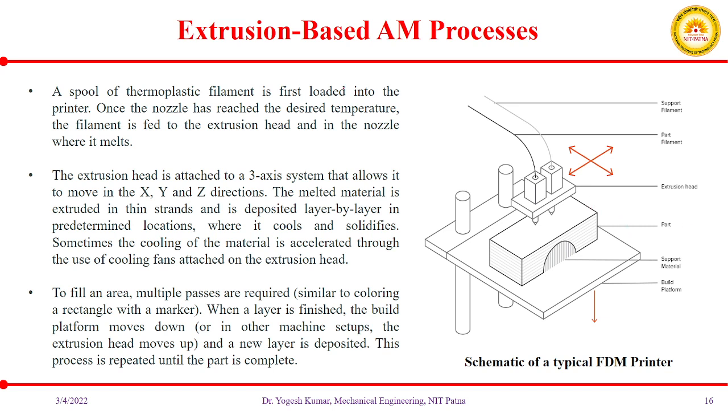So in today's discussion we will continue the same, and here we can see a typical schematic of your FDM printer. You can see different parts: this is your extrusion head, this is the part that is being printed, and this corresponds to the support material that has been printed.